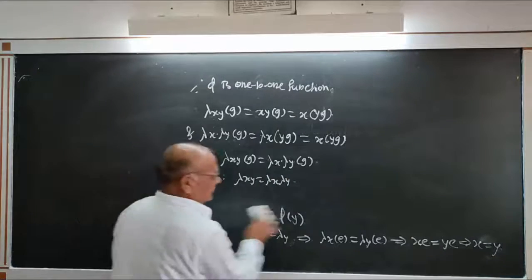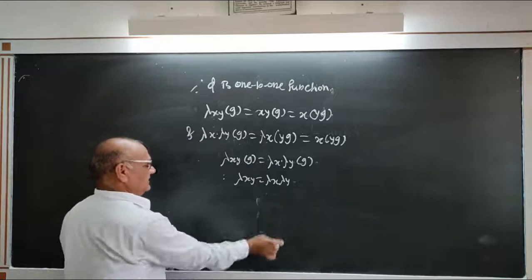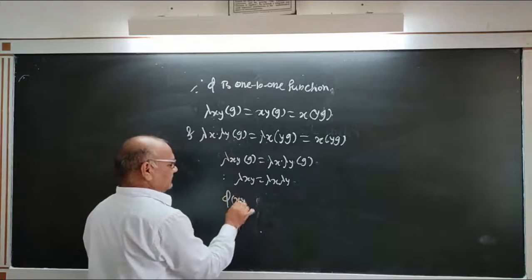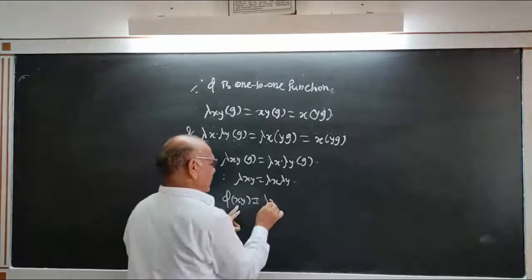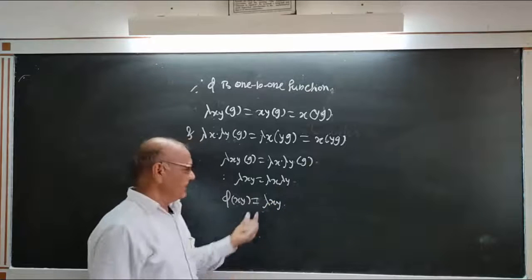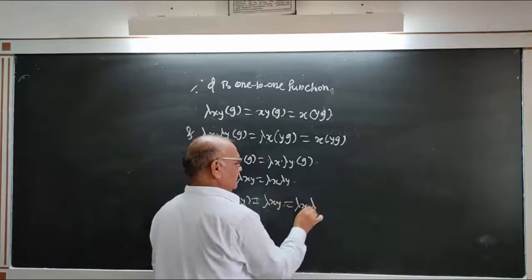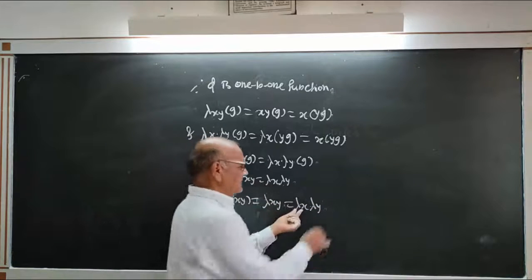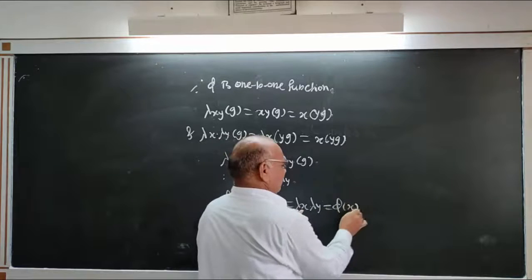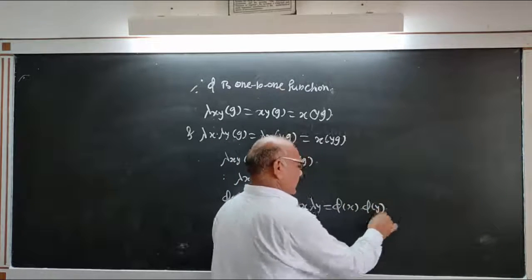Now for the homomorphic condition, use this relation. phi of xy is equal to lambda of xy, and lambda of xy is lambda_x times lambda_y by the above relation, but lambda_x is phi of x and lambda_y is phi of y.